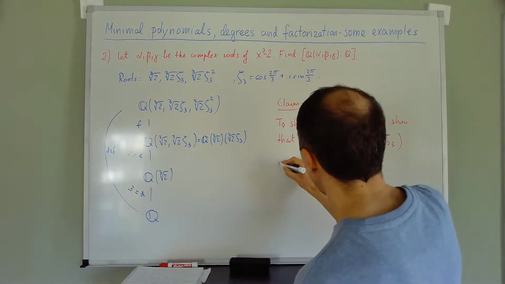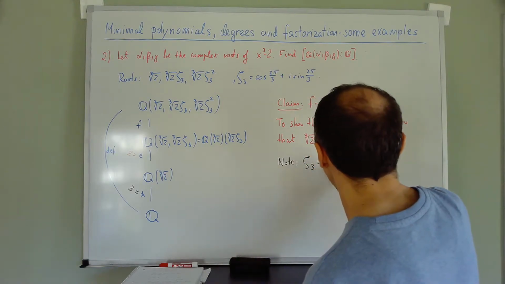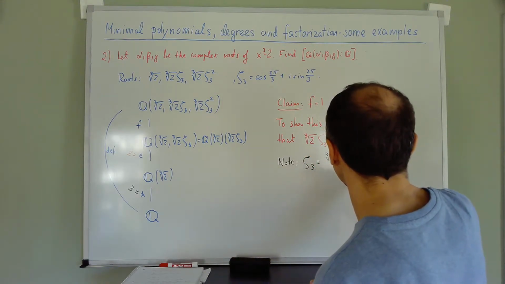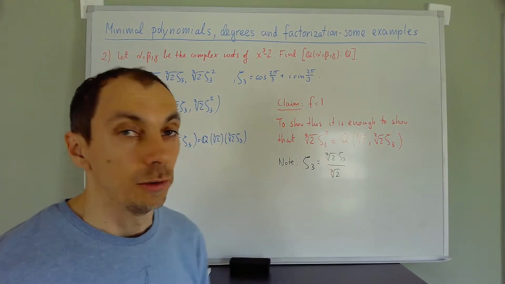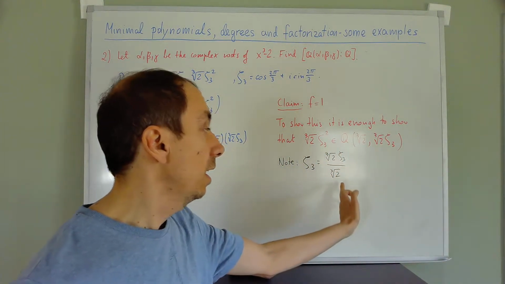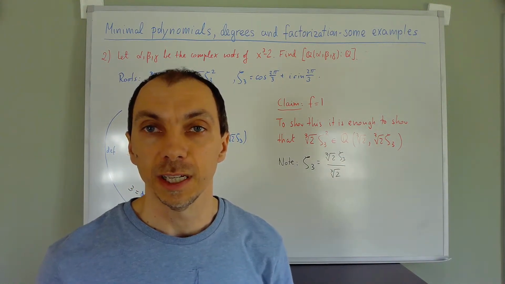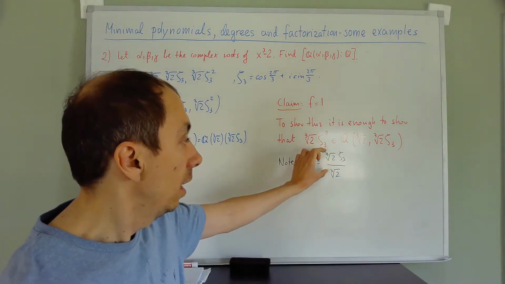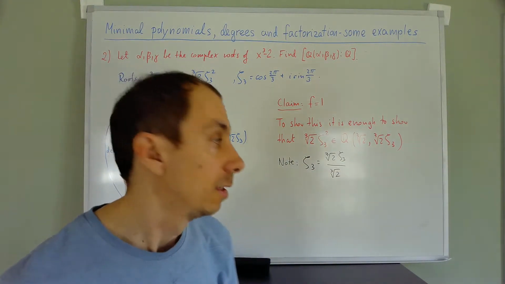So note that I can write zeta 3 as cube root of 2 zeta 3 divided by cube root of 2. Now note both of these elements are in this field. And because it's a field, I can divide. So I can write the ratio. The ratio is also in that field, so zeta 3 is in that field.